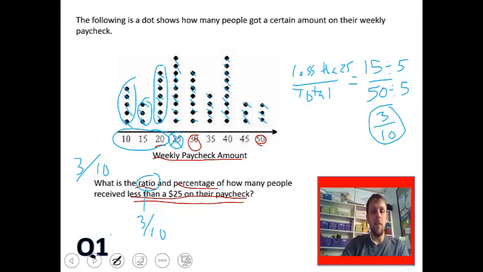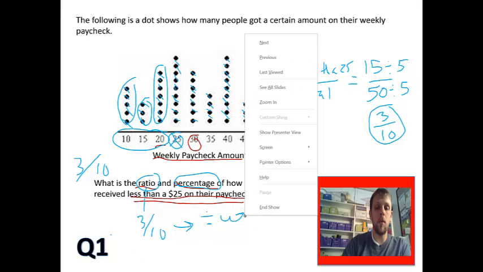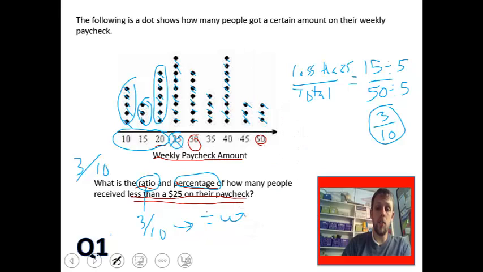All right, and then for the percentage, all I'm going to do is take the fraction that I just did, I'm going to divide it, and then I'm going to move the decimal over 2 spaces. All right, so in your calculator you can say 3 divided by 10 equals 0.3.